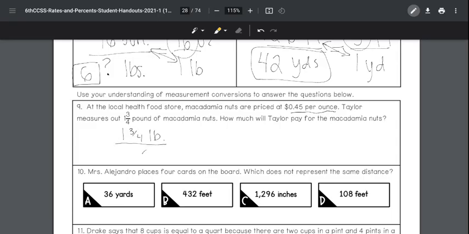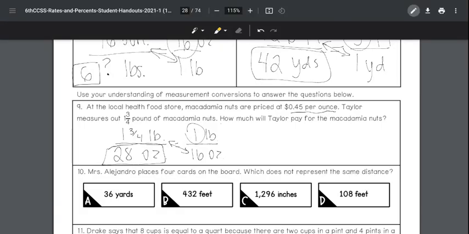And we want to know how many ounces that is. If we have 1 pound, we know that that is 16 ounces. So when you cross multiply and divide, you end up figuring out that 1 3/4 pounds is the same thing as 28 ounces. Well, now we know that we have 28 ounces, but that's not our final answer.